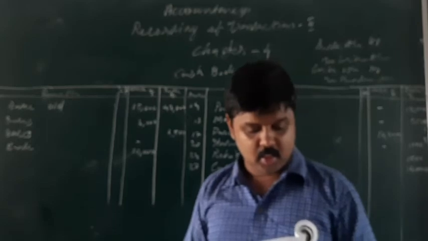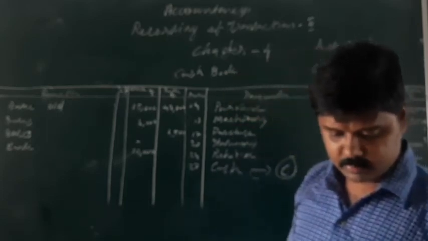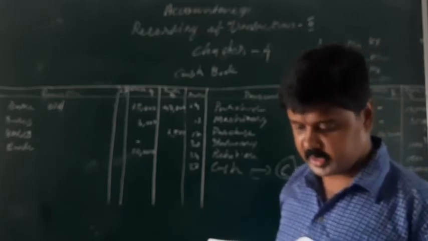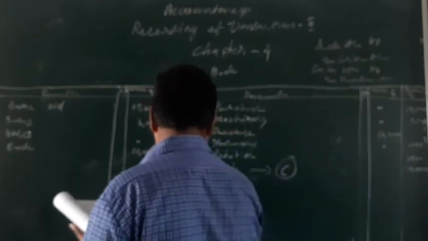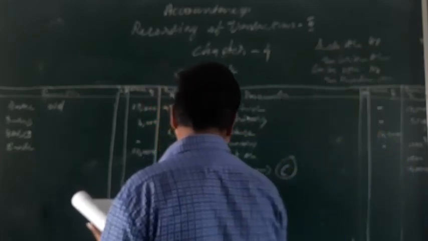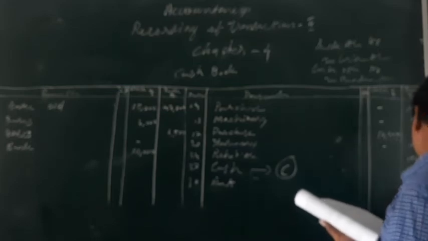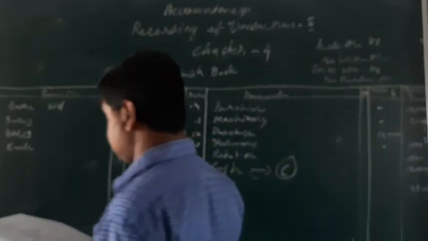Next, on 13, rent paid by check. So on 13, we write here rent paid by check, and the amount here is 2,500. Next you can see paid salary. Here nothing is given, so we take it as paid by cash.